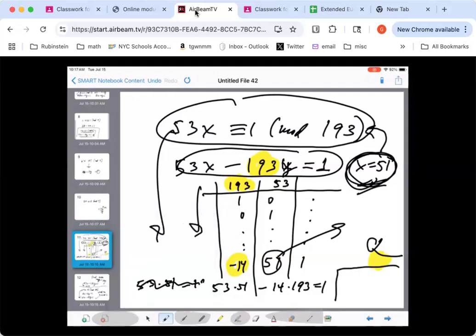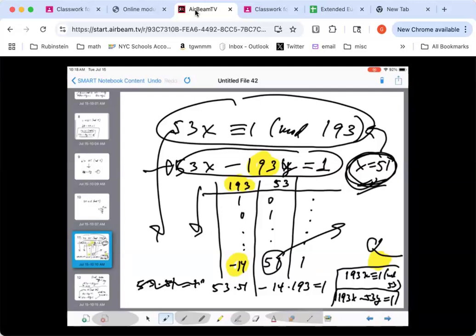That's if the question was 193x is congruent to 1 mod 53, which would turn into 193x minus 53y equals 1. See, that question where the 193 and 53 are switched from this would be the other answer.